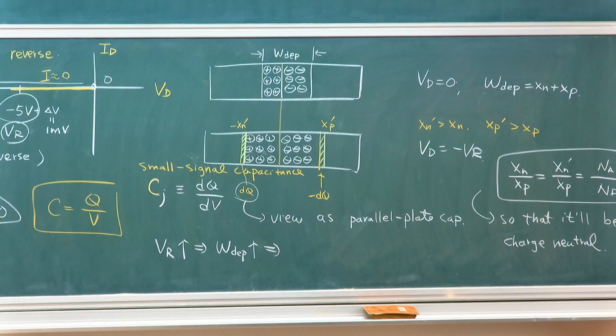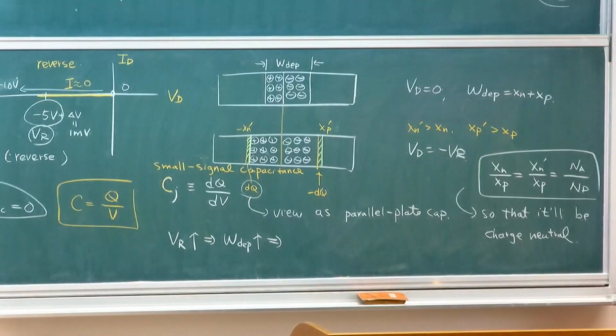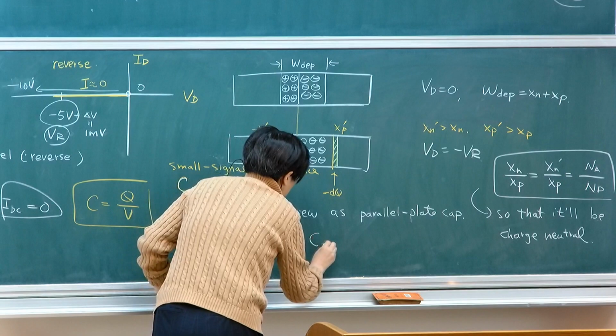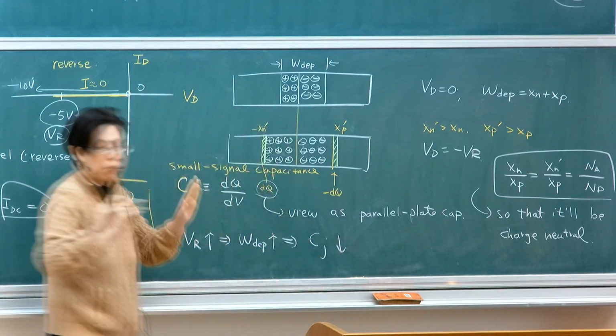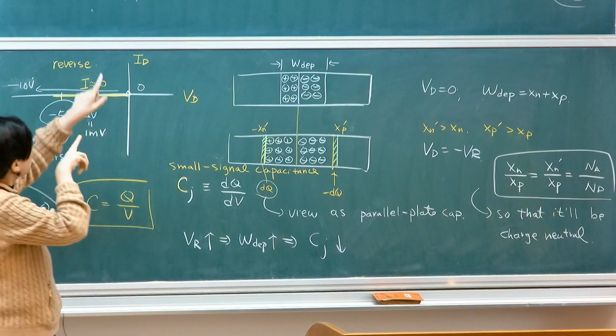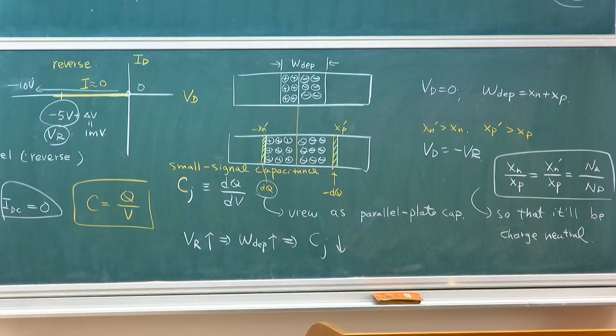Therefore, we'll expect our junction capacitance will what? If I'm applying more bias, will CJ increase or decrease? Decrease, correct. Because they're further away from each other. The further these two charges are away, its unit area capacitance is actually smaller. Because the D increases, the distance between the charges increases. Therefore, your capacitance decreases.